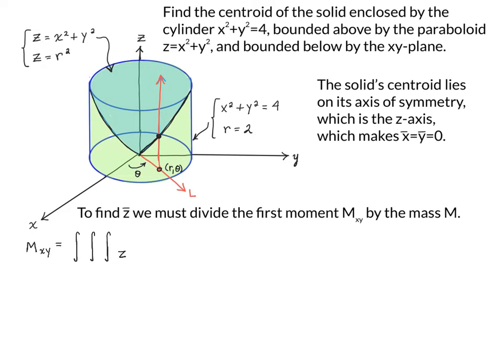So our integrand, we have a z there, dz, and then r dr d theta. Let me just mark this because this section gives us our volume, and then the z gives us our moment.